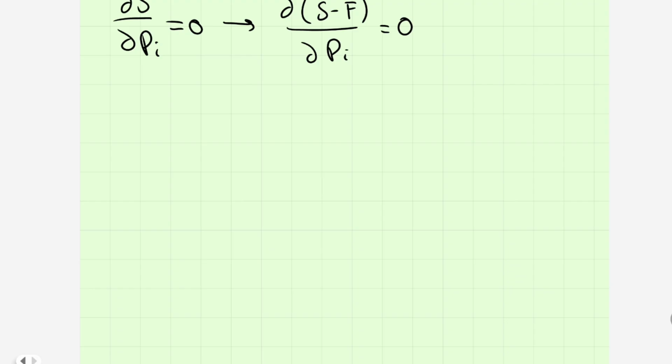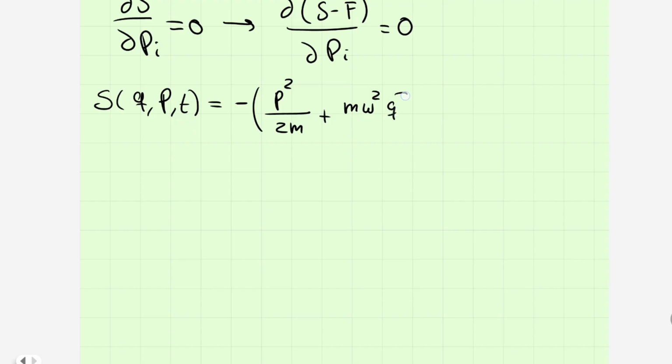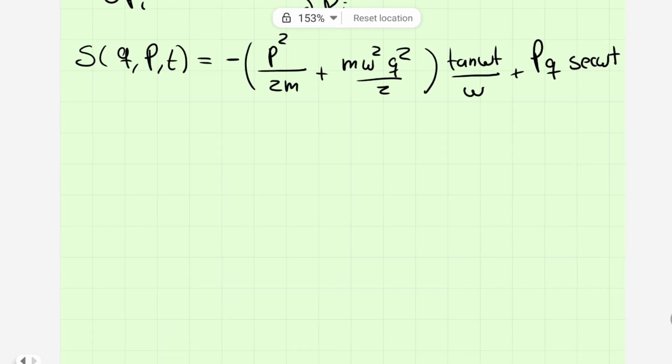We saw that the function s, a solution for the Hamilton-Jacobi equation for the harmonic oscillator, is a function that depends on q, upper P, and t, given as minus P squared divided by 2m plus m omega squared q squared divided by 2, tangent omega t divided by omega, plus upper P q secant omega t.